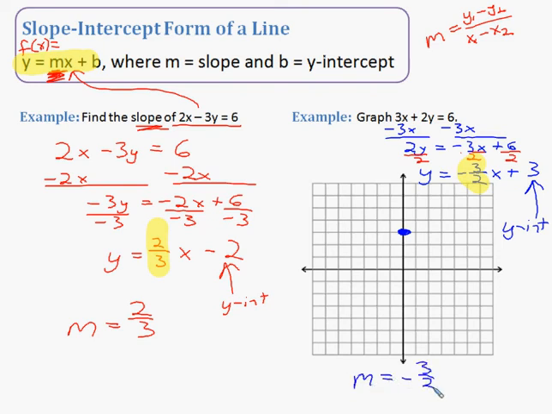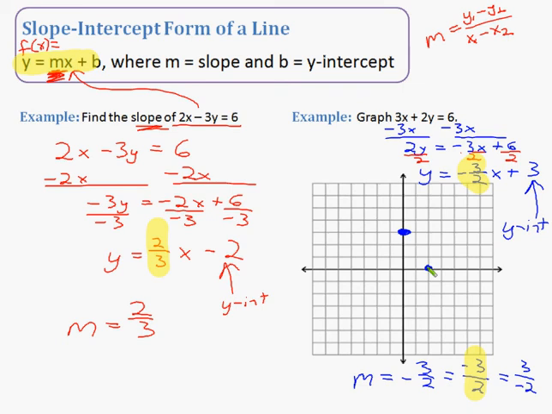Now we have a negative out here. That means we could write it as negative 3 over 2 or 3 over negative 2. And we'll use both of those as we go through here. So let's use the fact that it's negative 3 over 2. That means from this point our rise is negative 3, so go down 3, and then positive 2, which is right 2. That would give me this point.